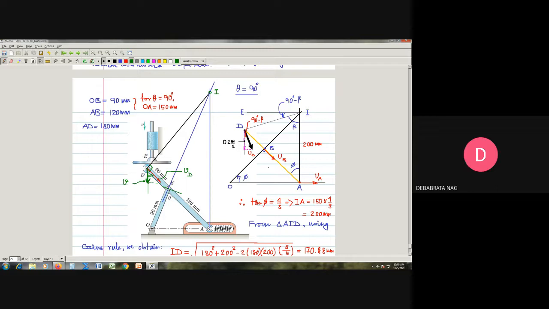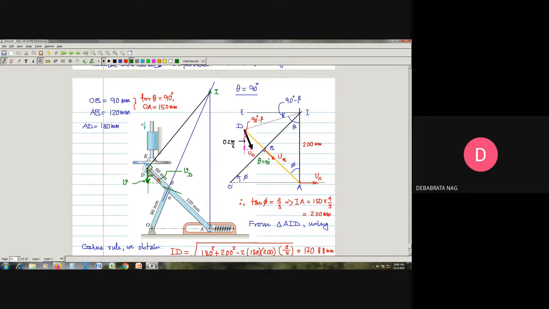The same construction is repeated here, considering this theta to be equal to 90 degrees. So considering this angle theta to be 90 degrees here, we can see that this construction is being repeated.